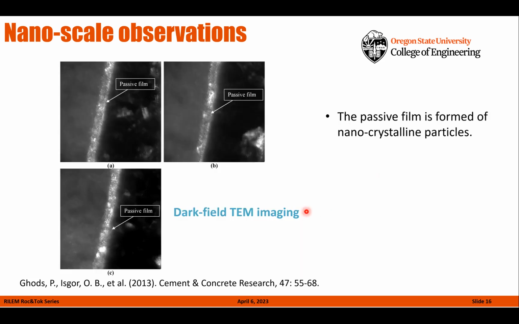And if you look at the dark field TEM images to differentiate how much of that layer is crystalline and how much is amorphous, you notice that almost all of that layer is formed of nanocrystalline particles. So you're actually looking at a crystal structure.